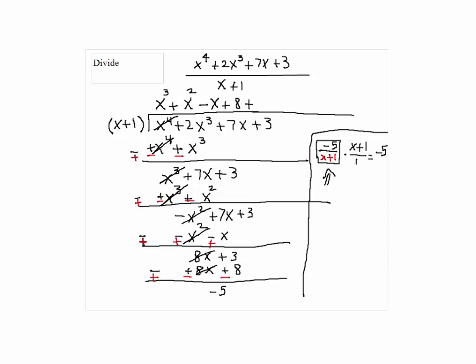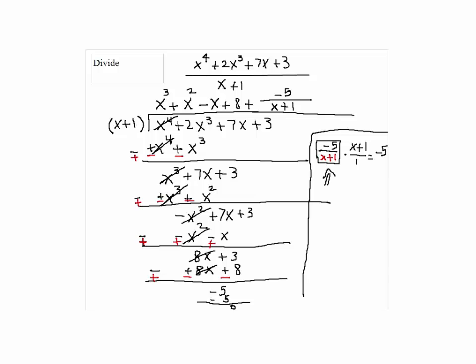Well, this must be a fraction where the bottom of the fraction must be x plus 1, so I can reduce these two, and the top of the fraction is the remainder, which is minus 5.